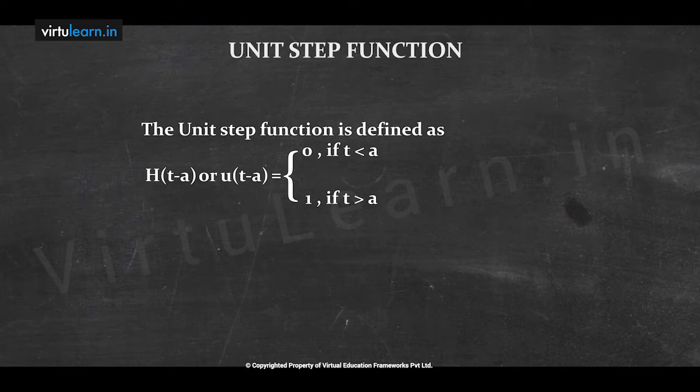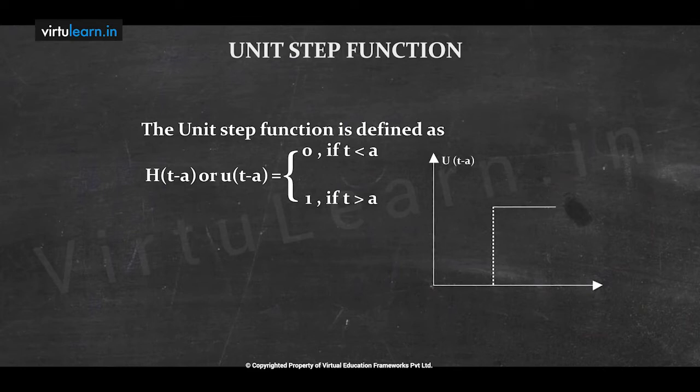Then if you want to draw a graph of u of t minus a or H of t minus a, this is with respect to t only. t is less than a and t is greater than a; the horizontal line I will consider as the t axis. If t is exactly a, the value is 0, I am not marking it here.